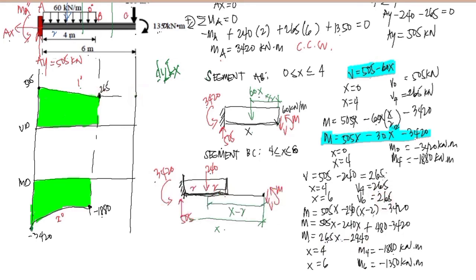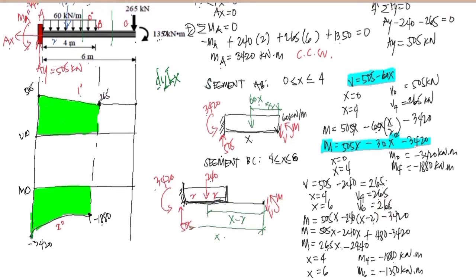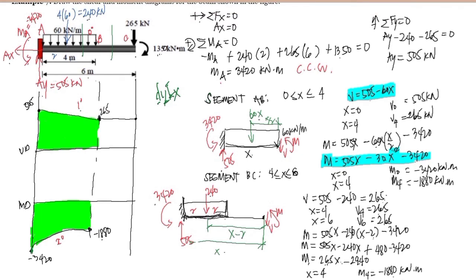So this is just a line. And if we look at our load diagram, we have this 265 downward. So if you have 265 and 265 downward, that closes our shear diagram. So this is now our shear diagram.